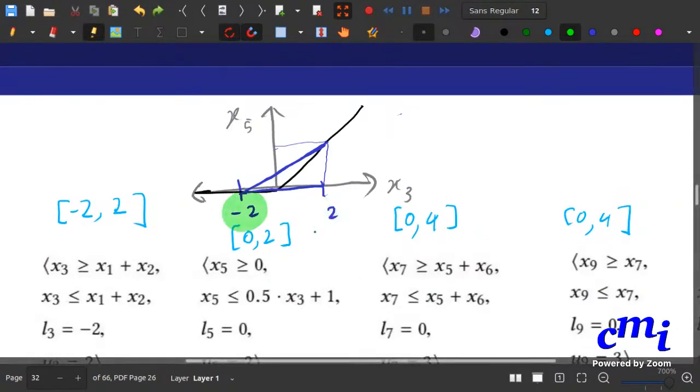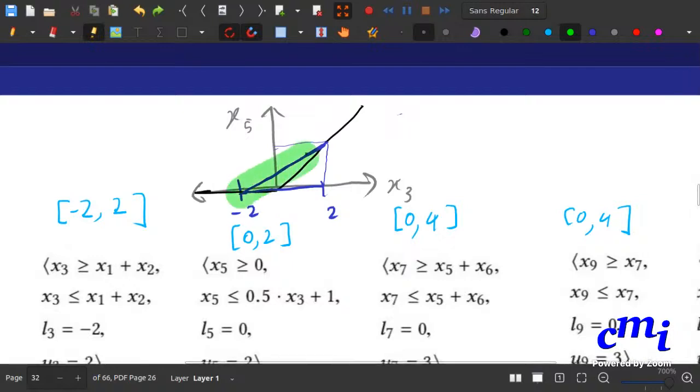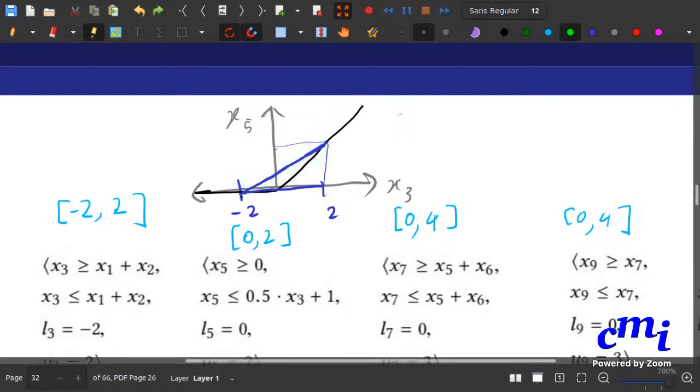So this is already in the third case, the non-trivial case of ReLU, and the upper bound is going to be this line. It connects minus 2, 0 to 2, 2, and that line has slope half and y-intercept 1. So you end up with this bound for x5: slope half, y-intercept 1 for the upper bound.